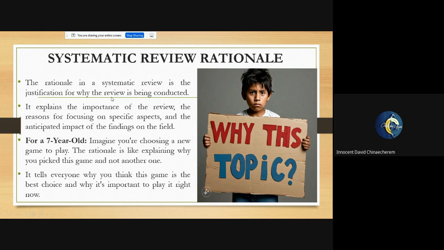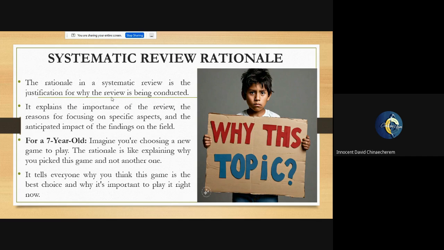So we need to put them in a Ghana must go. Sorry, not in it, we need to put them in a bag. So don't mind me if you're from Ghana watching this. We need to put them in a bag to say this is what we have: a bag of red balls that behave this way. So when there are scattered primary studies, that is when a systematic review is needed.